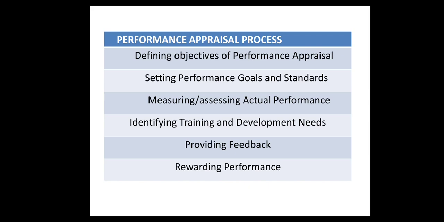If there is any deviation, that is, the actual performance is less than the standard set, there is a need for training. So identify whether there is a need for training and development, then provide feedback to the employee, because employees will be different from each other. So provide them proper feedback and reward performance, in the sense that a better performing employee should be given better pay. So that has to be considered under this method.